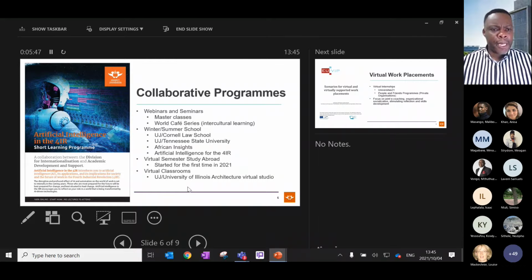And then we have programs that were run at UJ for UJ students that we are repurposing. We have already done the repurposing for them to be offered online in a collaborative way with a lot of intercultural engagements with our partners: African Insights and Artificial Intelligence for 4IR. For the first time this year, we offered virtual semester study abroad, mainly due to COVID.